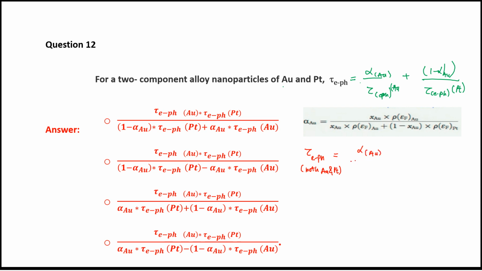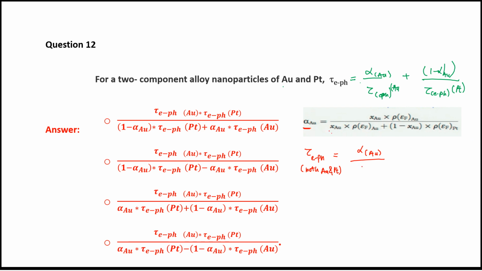Now what is this alpha? This is something similar to the mole fraction, but it is not equal to the mole fraction. As we studied in Ostwald's dilution, similarly this alpha value is the real value and is lesser than the value of x.